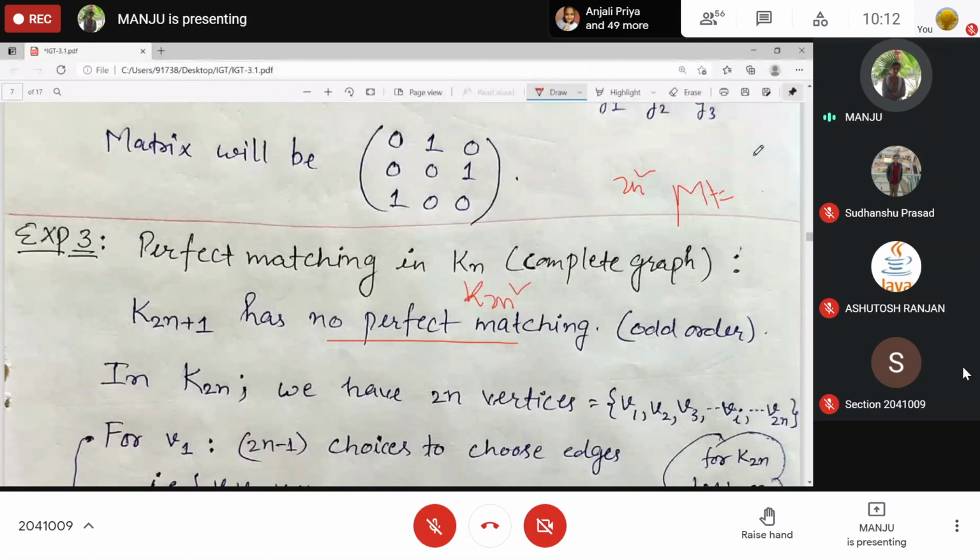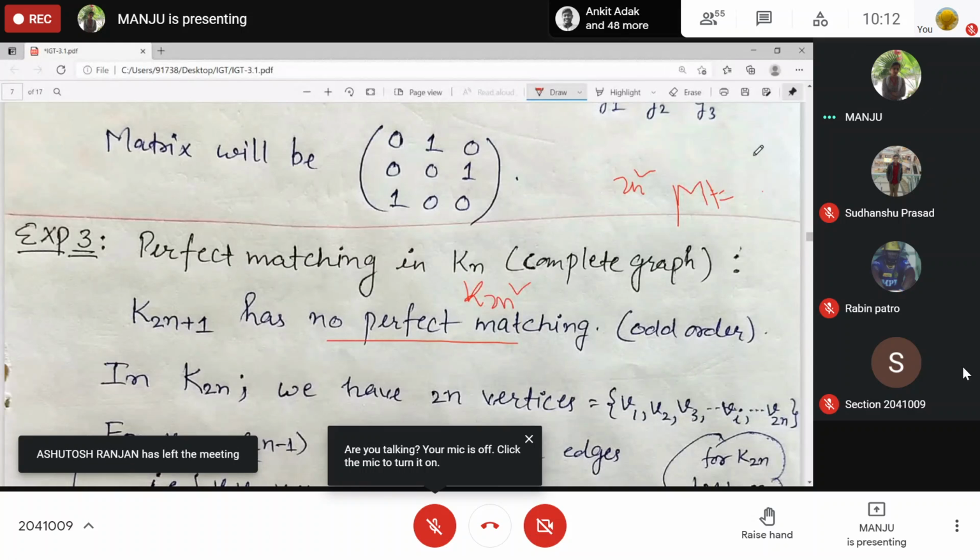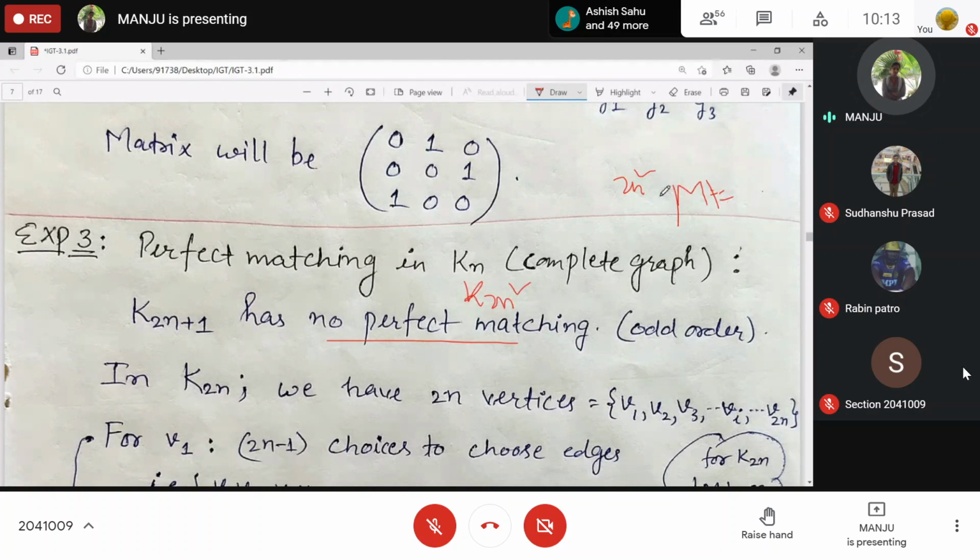Okay, between any two or three edges, no vertex is common. Now tell me, these 2n vertices can be occupied by n edges, right? So it will be n, and not 2n.